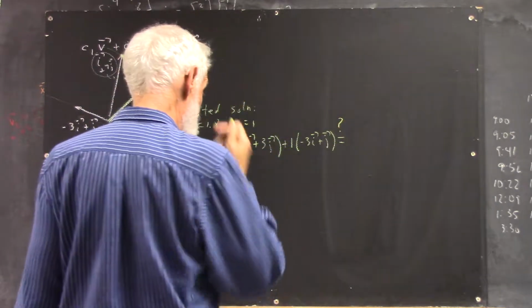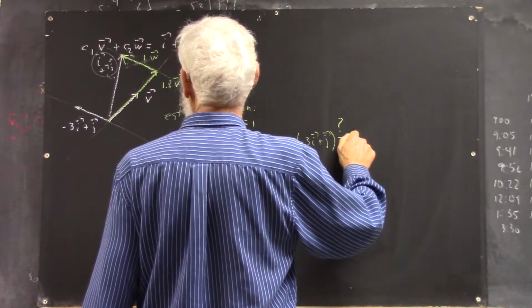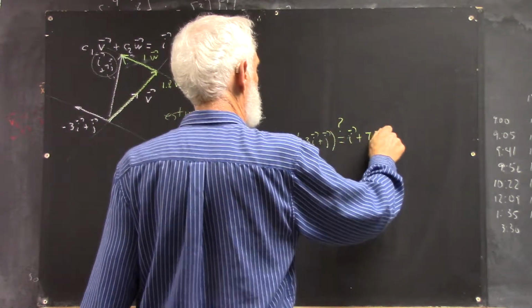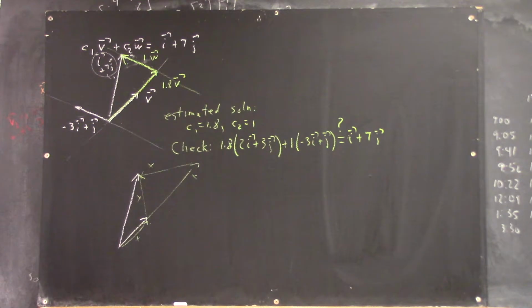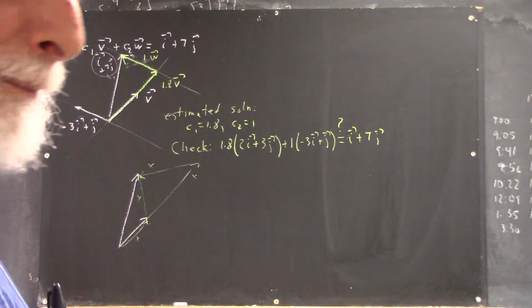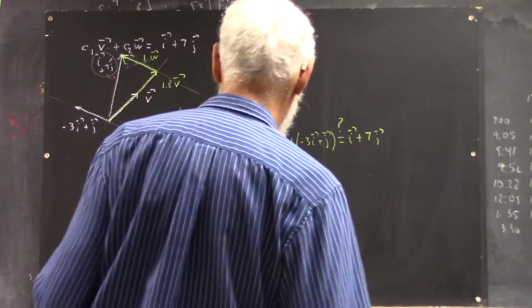Question mark on the equal sign. Does that equal I plus 7J? We don't expect it to be exactly equal because we're working with an estimate, right? But we want to have a picture of what it means, okay?